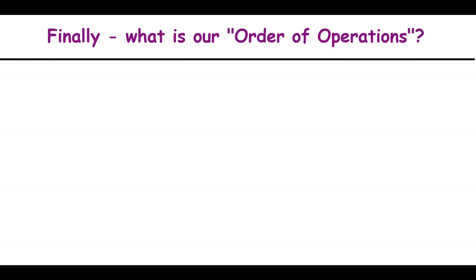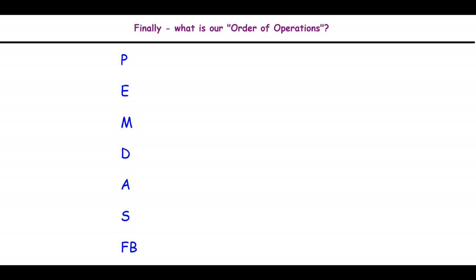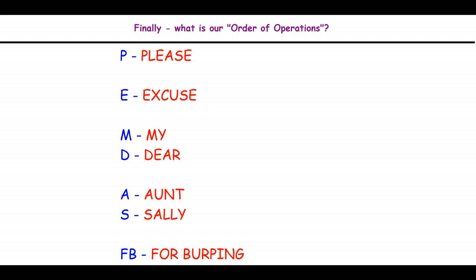And we have an acronym to remember it by, and that is PEMDAS. But then we're going to add this FB down at the end, which you may not have seen before. So PEMDAS FB, or something along those lines. And the way that we remember it is by using the phrase, please excuse my dear Aunt Sally, and then add the FB. So please excuse my dear Aunt Sally for burping.